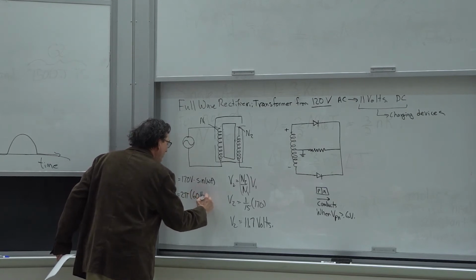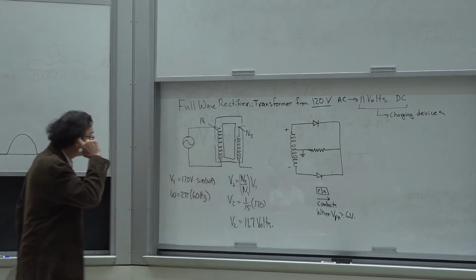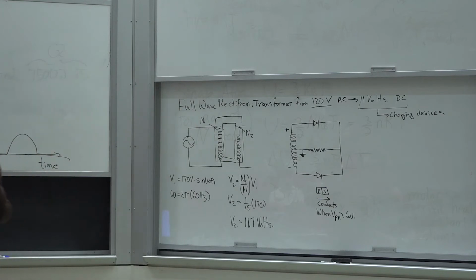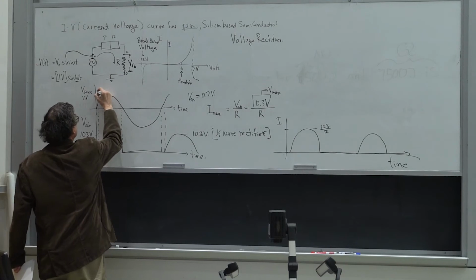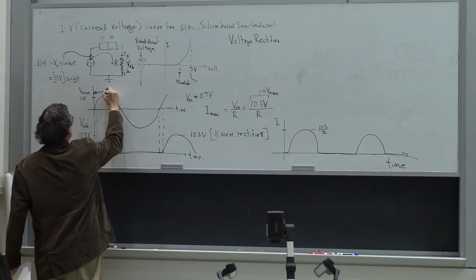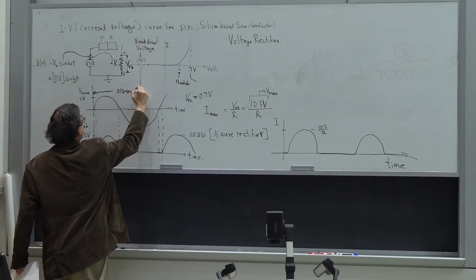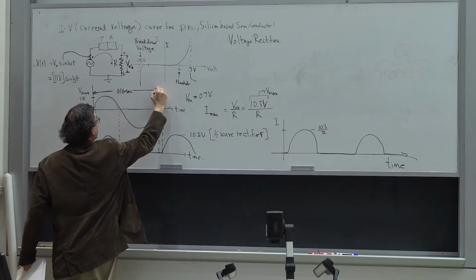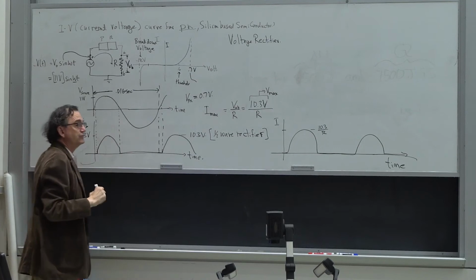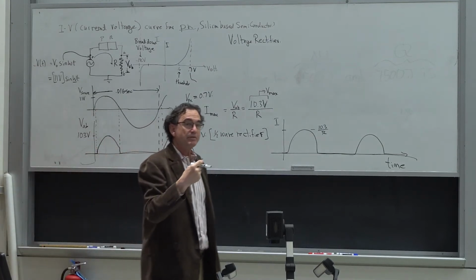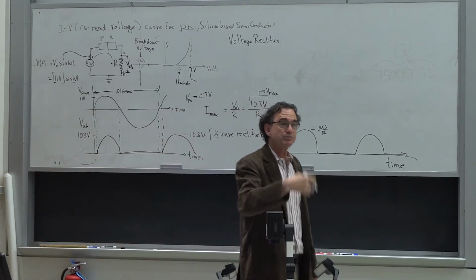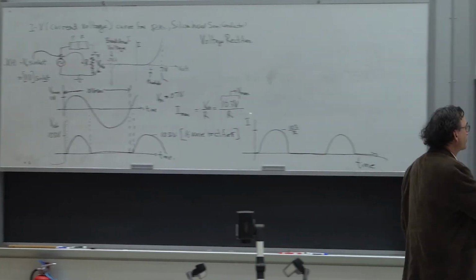So the wall power is 60 hertz, and this oscillation from the source has a period of 1/60th of a second, which is 0.016 seconds. And that voltage oscillation is preserved when I go through the transformer.